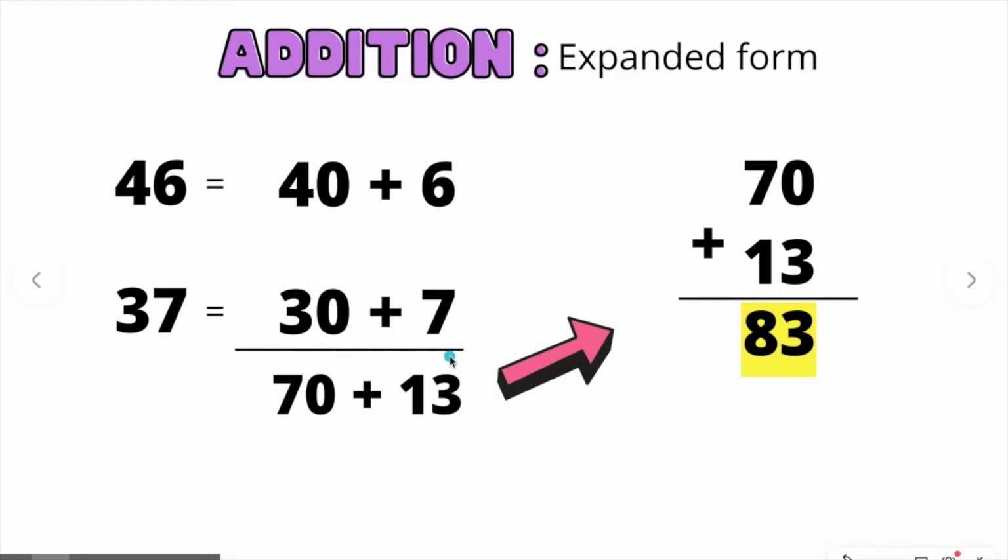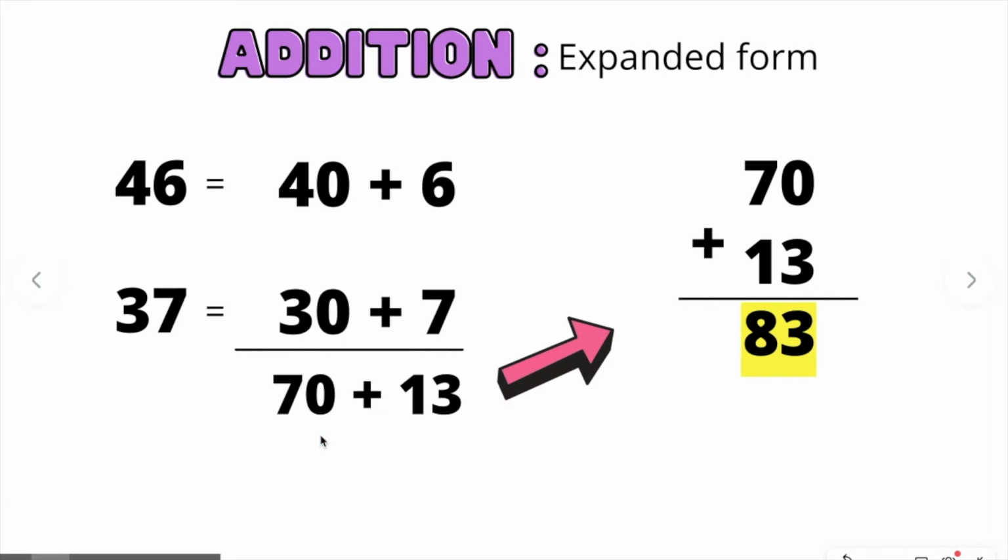In the expanded form addition strategy, you do not need to carry the 1. You can simply write it out like this. So if you are adding the expanded form way, 6 plus 7, you just write 13. And then you add 40 plus 30, which equals 70.